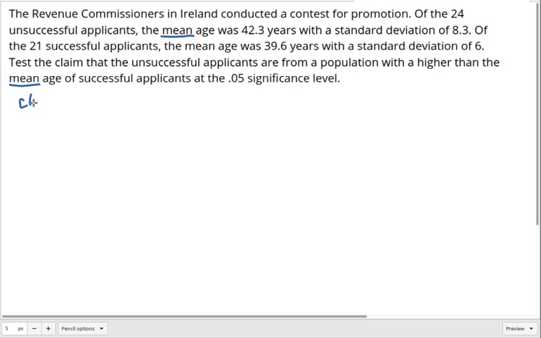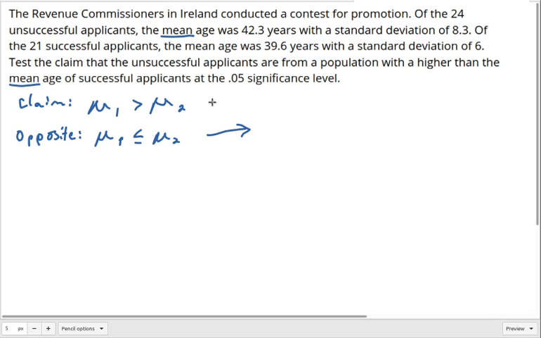So that means our claim is that mean 1, the mean age of the first group, is higher than the mean age of the second group. The opposite of greater than is mean 1 is less than or equal to mean 2.